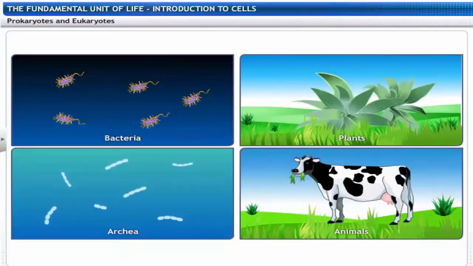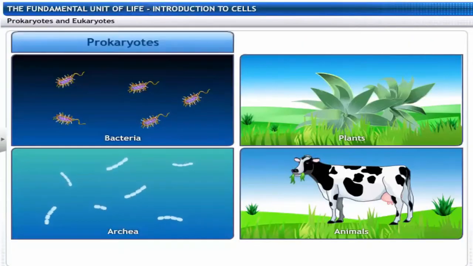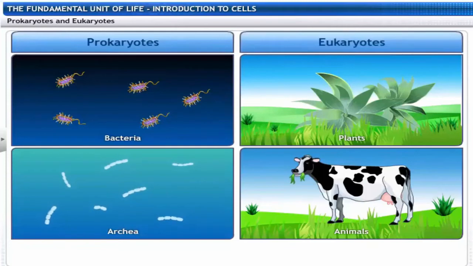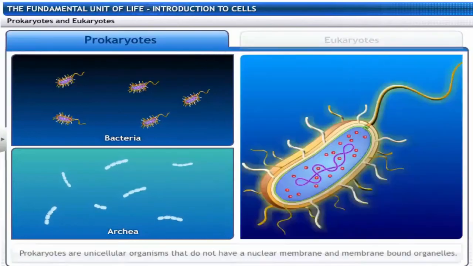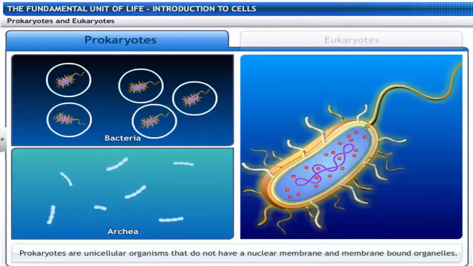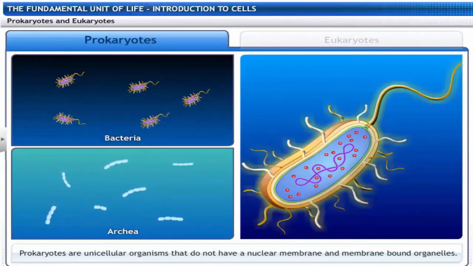Organisms are also classified as prokaryotes and eukaryotes based on the organization of cellular structure. Prokaryotes are unicellular organisms that do not have a nuclear membrane and membrane-bound organelles. For example, bacteria and archaea.